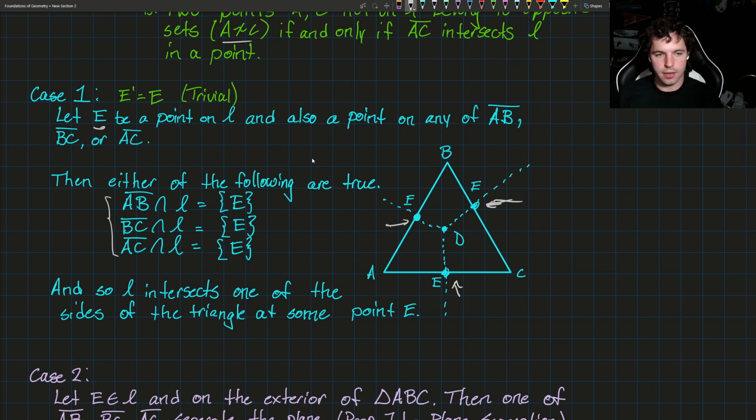And then if AC intersect L is just E, then we have this right here. So this is the trivial case, so not a whole lot to explain. If E is on any side of the triangle, then the line DE, or the line L, right, so each of these are potentially L, intersects one of the sides at one point. So in this case, E is E prime.